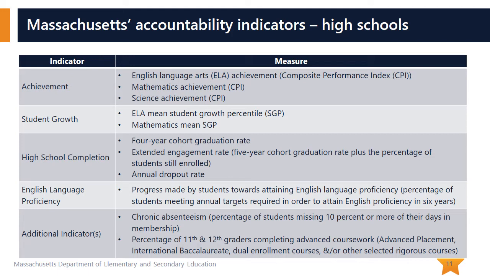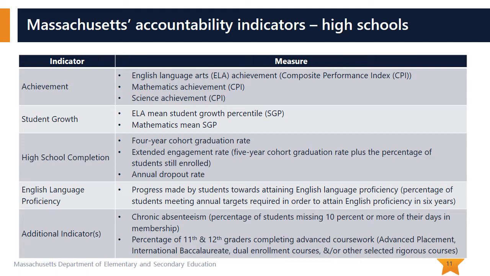There are two additional indicators for high schools. The first is chronic absenteeism, which is the same measure that will be used for non-high schools. The second is a measure of advanced coursework completion. Specifically, the department will calculate the percentage of 11th and 12th graders who complete at least one advanced course.